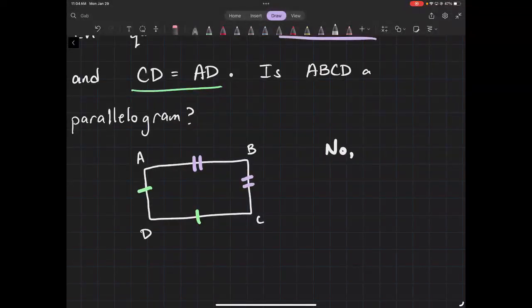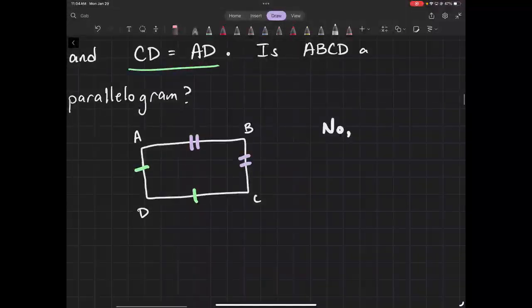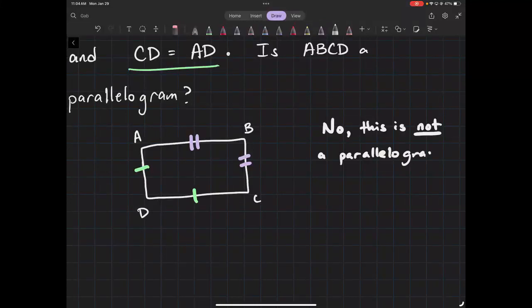You'll say no, this is not a parallelogram, because opposite sides are not congruent.